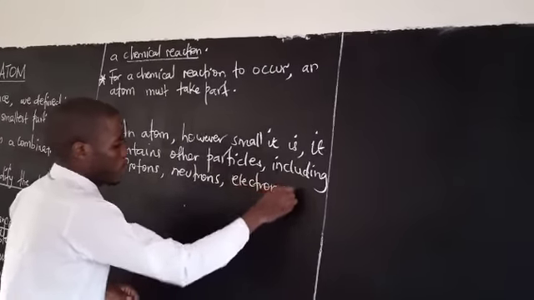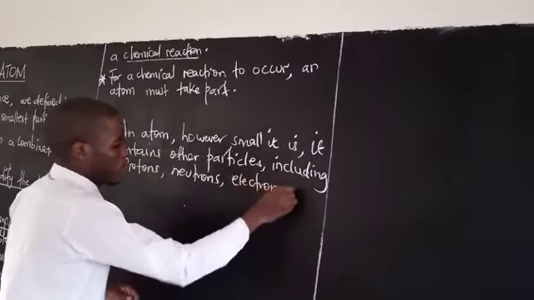Now, what are we interested in so far in this atom? We shall quote some scientists' conclusions that for every atom, the number of protons must be equal to the number of electrons.